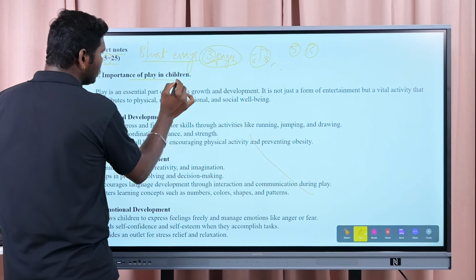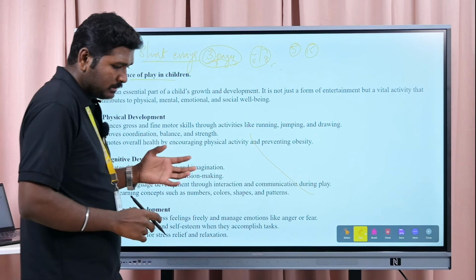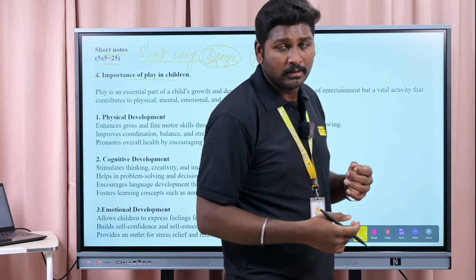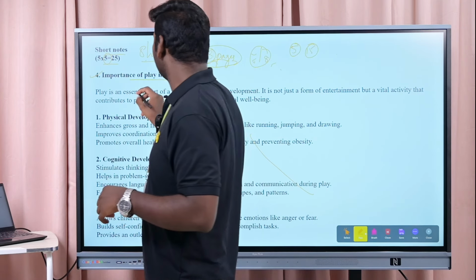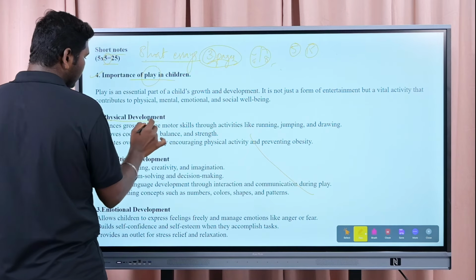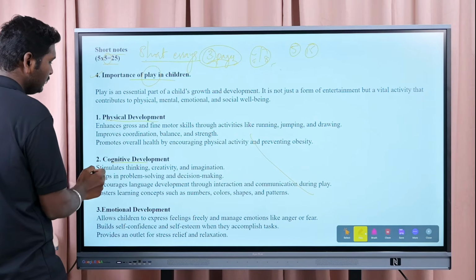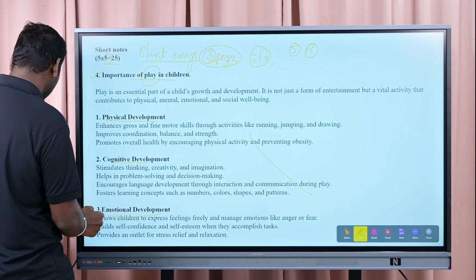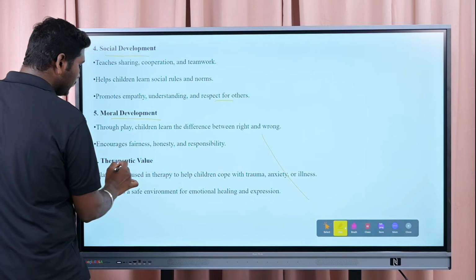That is the importance of play in children, the first question. We already discussed that play is very important in the growth and development of a child. So how is it important in children? We have described multiple developments: physical, cognitive, emotional, social, moral development, and therapeutic value.